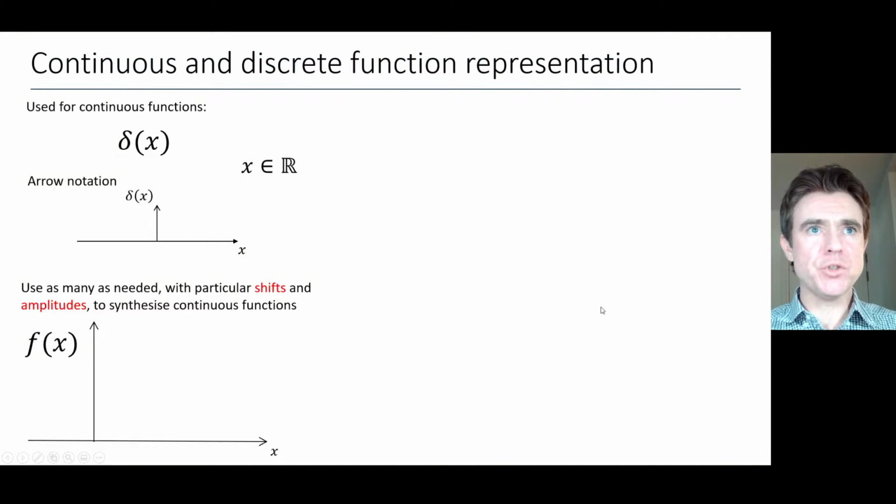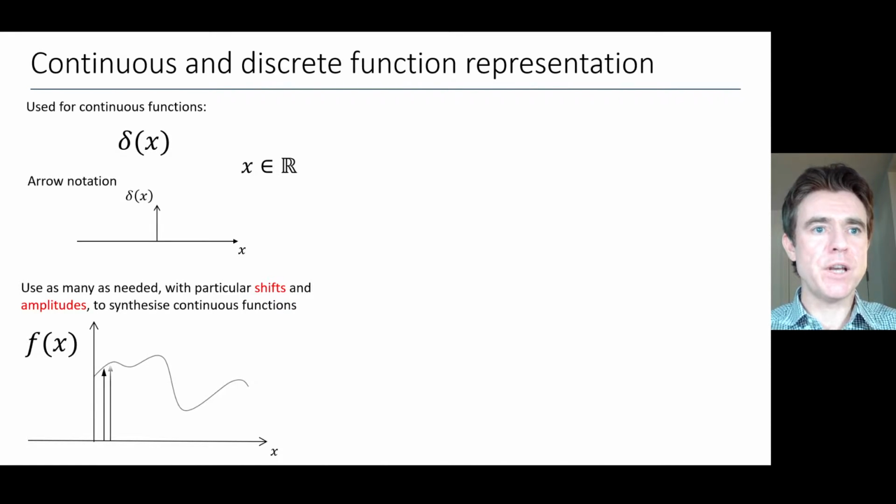Okay, so just to summarize for the continuous definition of the delta function, we're using this expression here, delta brackets x for the continuous Dirac delta function, often represented by an arrow as shown here. There could be different types of arrowheads there, but hopefully you'll be able to figure out that it's the continuous Dirac delta. And then what I'm showing at the bottom here is just to emphasize again that any continuous function, in quantum mechanics that could be a wave function, but in signal processing it could be some arbitrary signal of interest that's considered to be a continuous function.